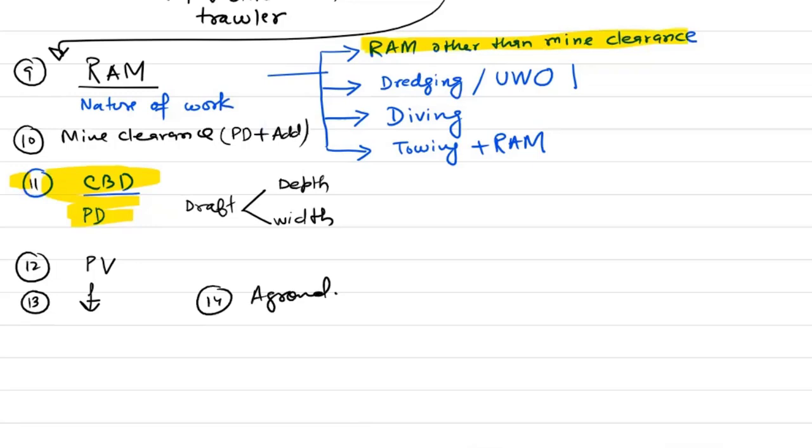So after the types, we'll come to a term where many guys are getting confused. That is underway. Whether you are underway or not underway. Yes. So Rule 3(i) defines clearly what is underway.